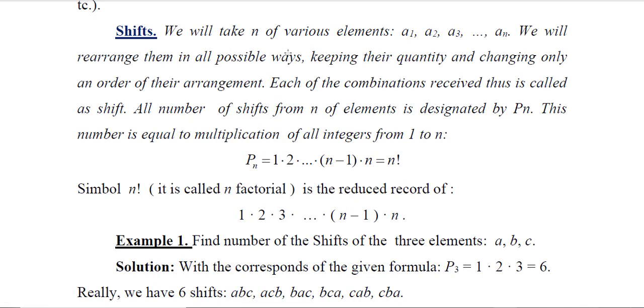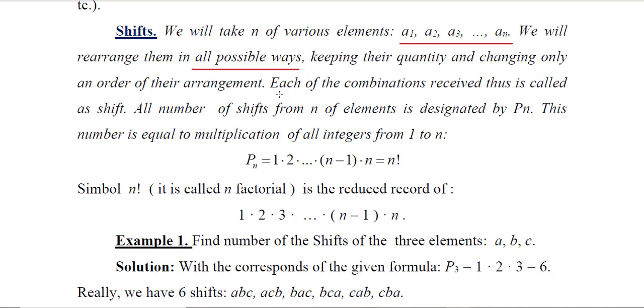We'll take n of various elements, a1, a2, and an. We will rearrange them in all possible ways, keeping their quantity and changing only an order of their arrangement. So here we'll change only order of their arrangement.